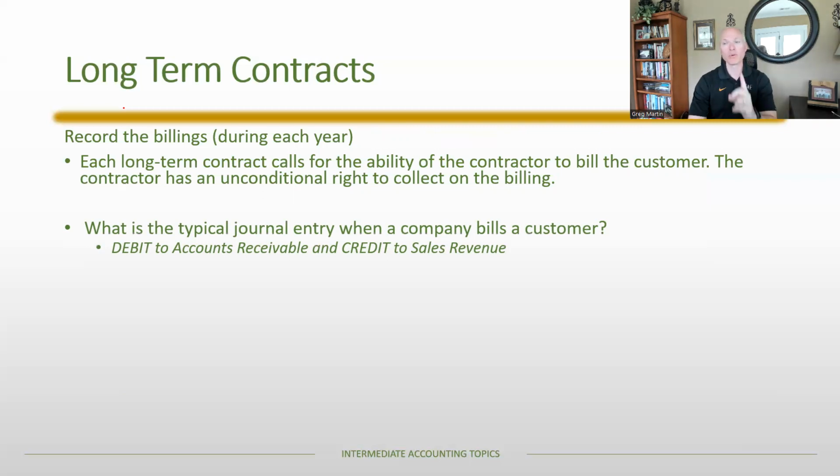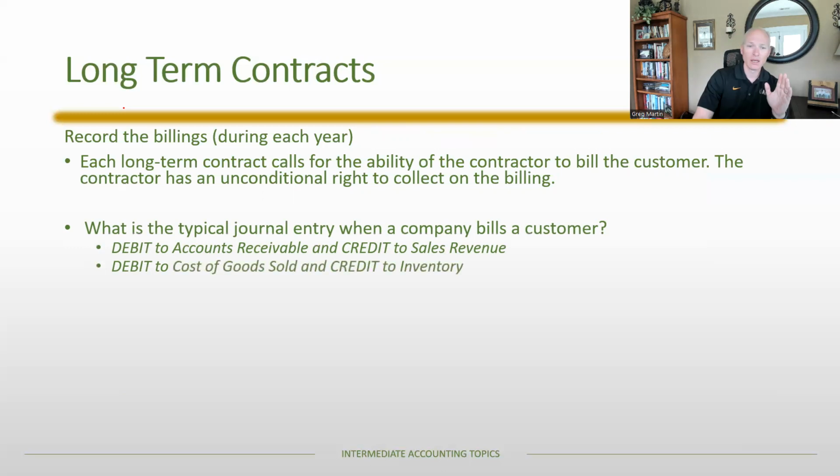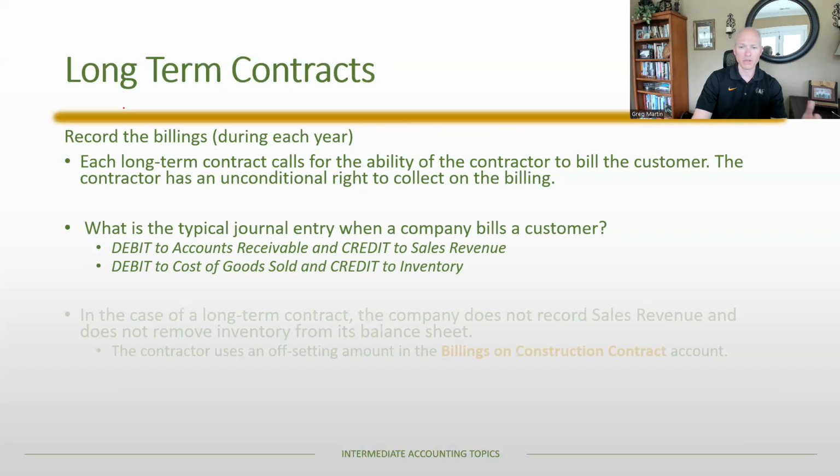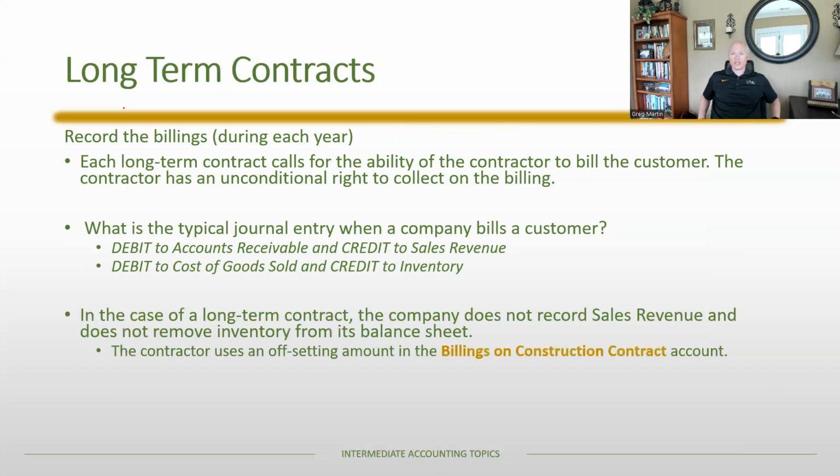But in this case, remember we said we record sales revenue independently of the receivable. And so instead of debiting the receivable and crediting sales revenue, and then of course debiting cost of goods sold and crediting inventory if you sold something, we just have a different situation. Instead of using sales revenue or cost of goods sold or any of that, we just have the billings. We don't deal with cost of goods sold.